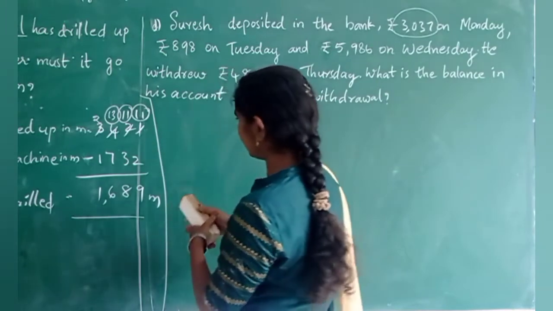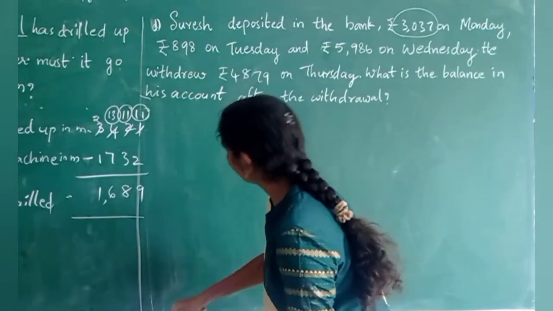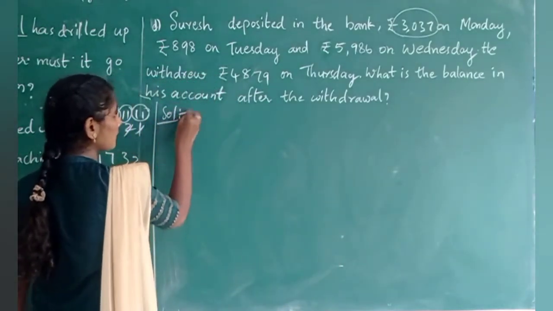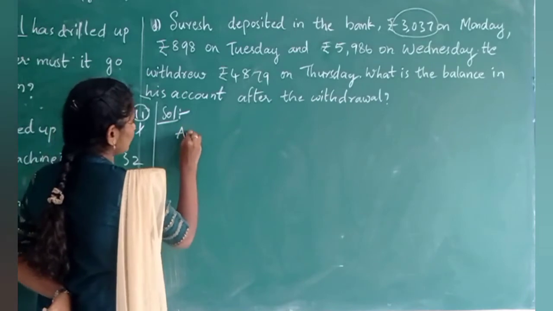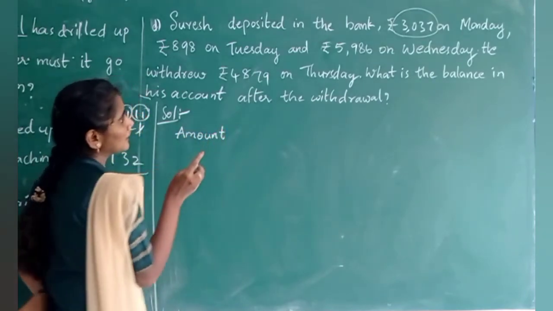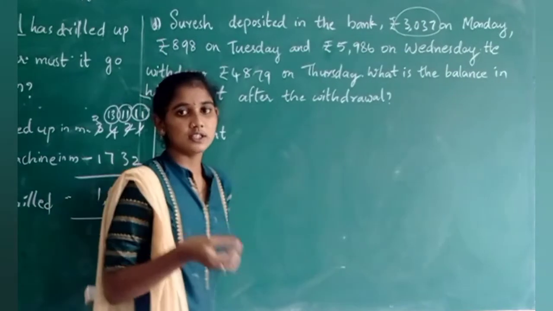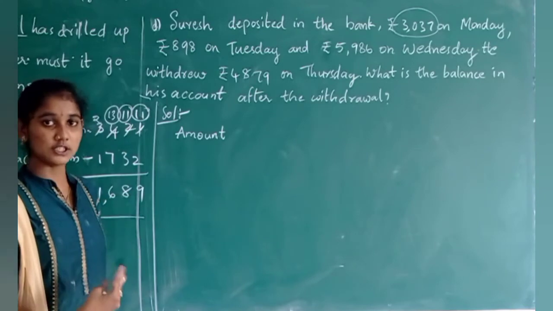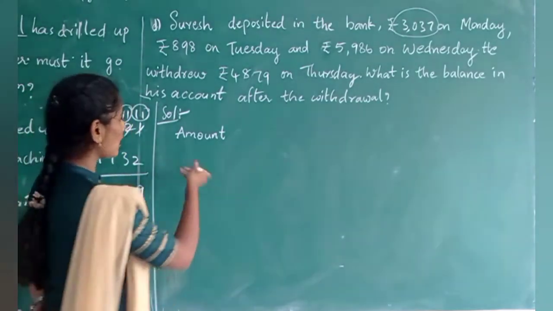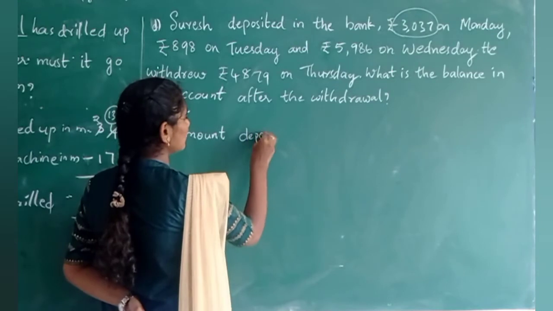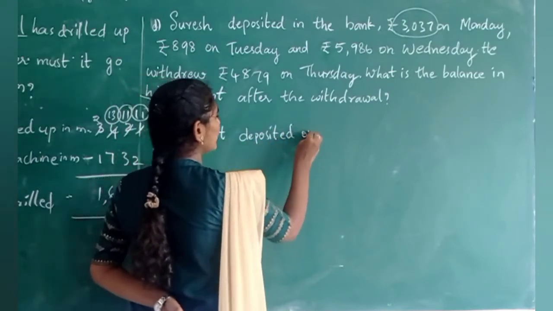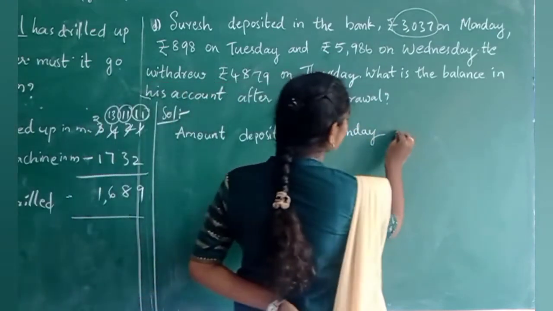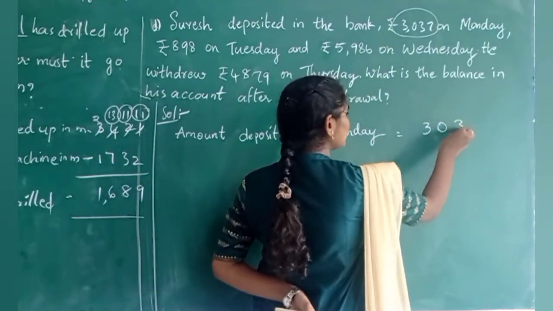The first step: amount deposited. Deposited means saving; he goes to the bank and gives that money, and it comes into his account. So the amount deposited on Monday is rupees 3037.